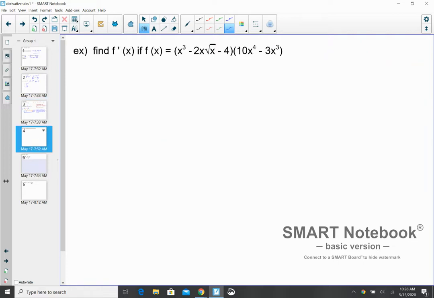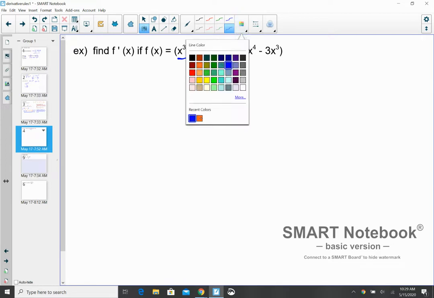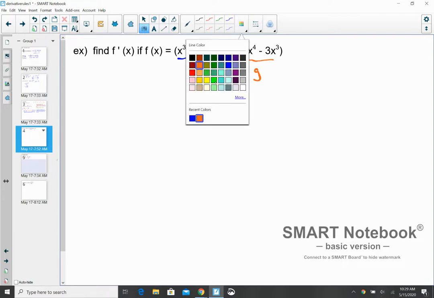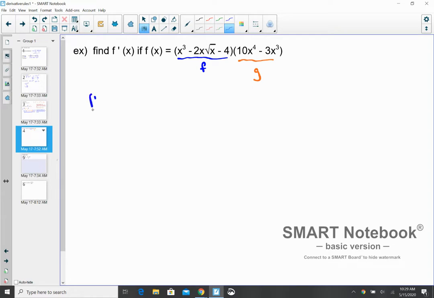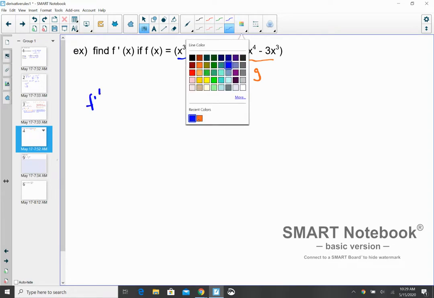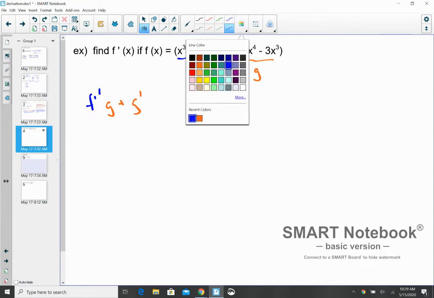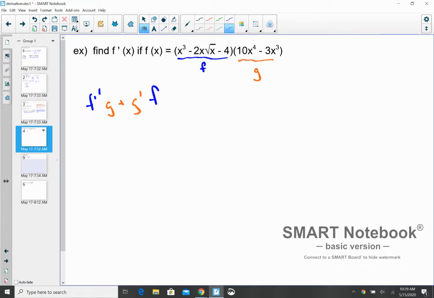Let's try one. If you would like to pause and try this guy, go right on ahead. I'm going to work him out. I'm going to call this guy F, and I'm going to call the other parenthesis G. So here's my product rule, which is F prime G plus G prime F. Alrighty, so here it goes.